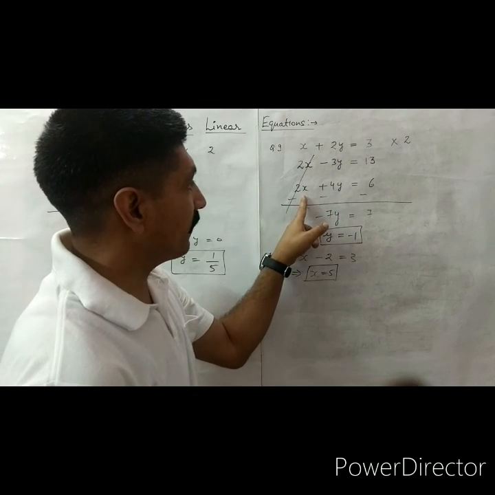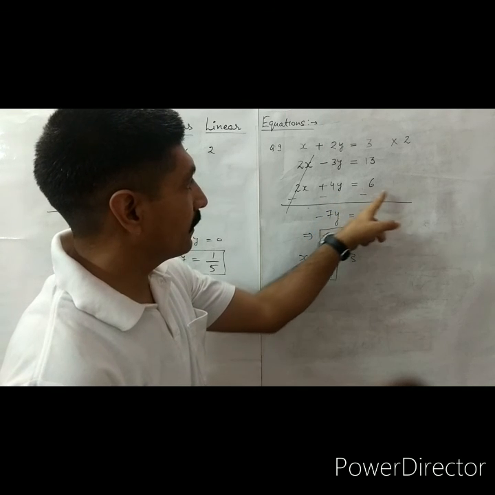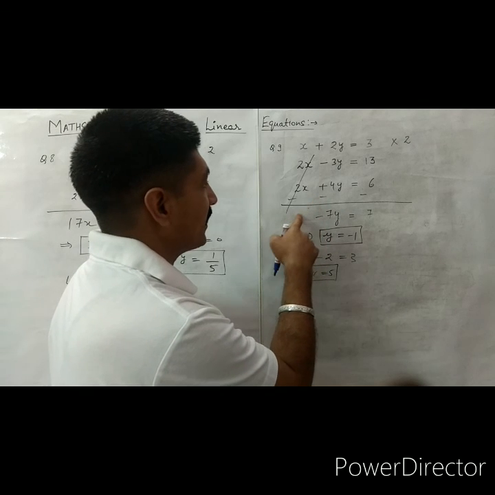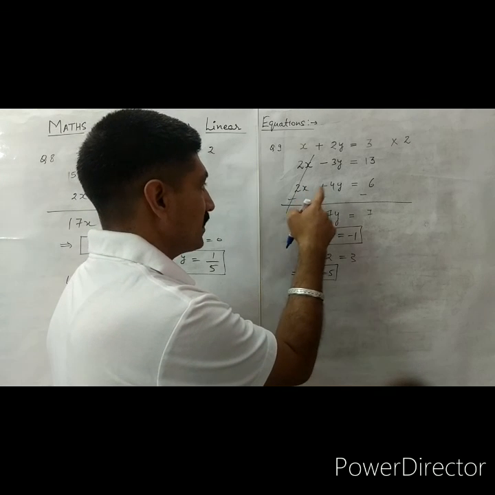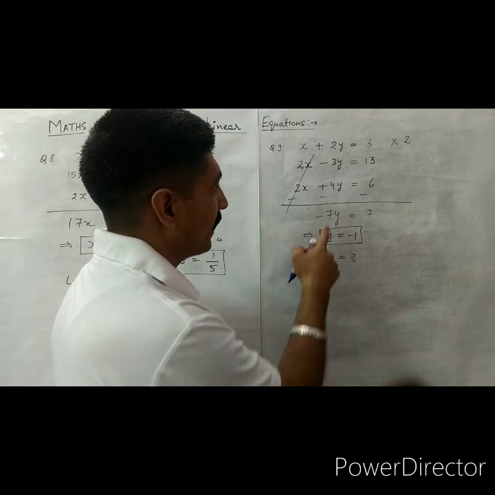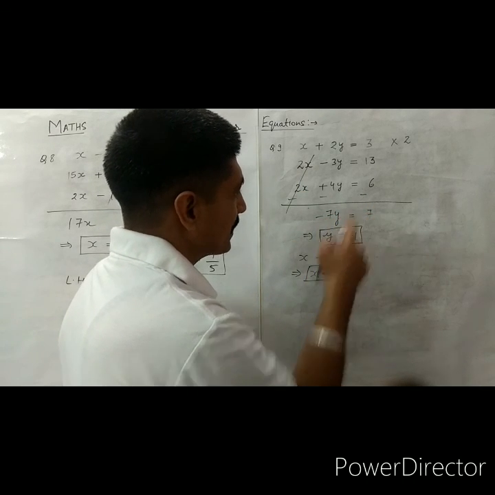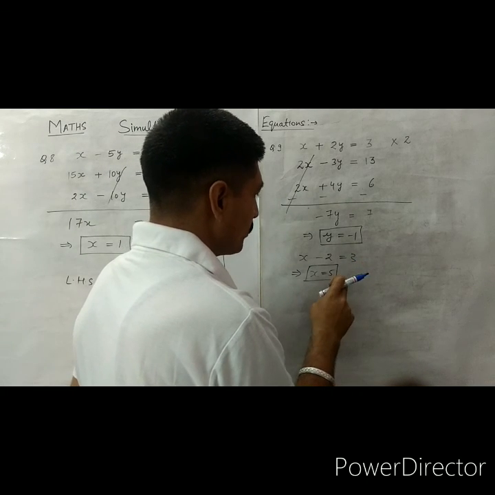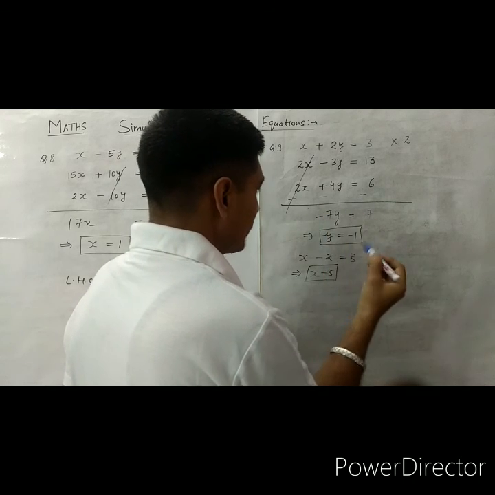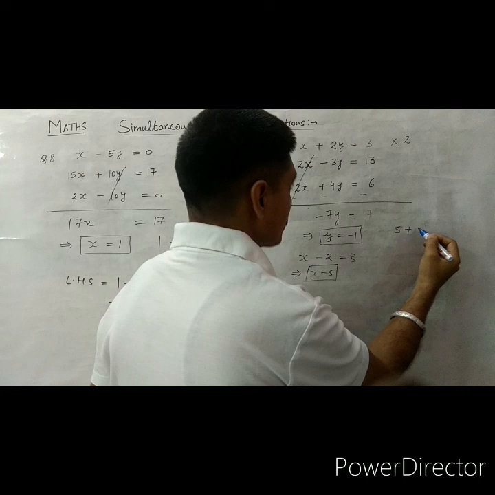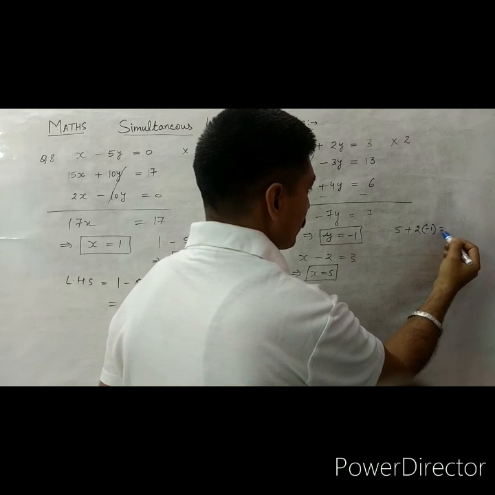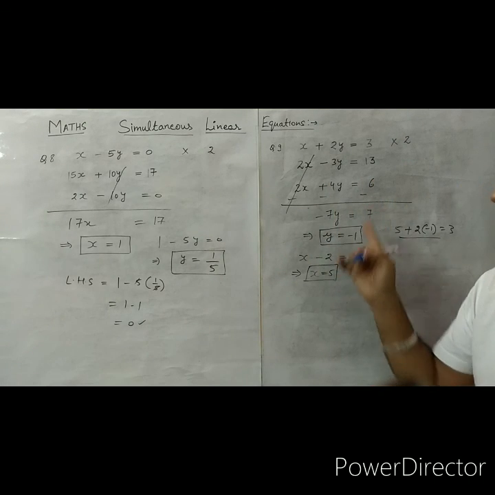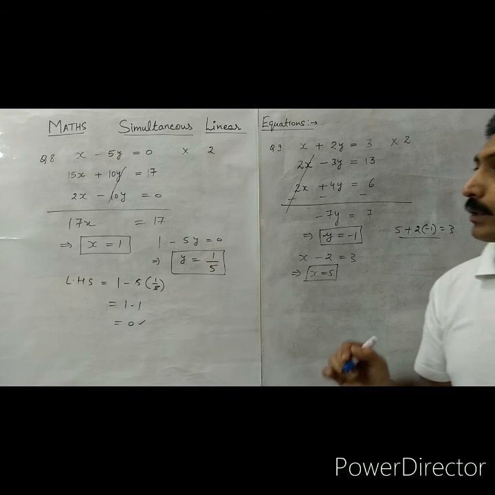We got twice of x plus 4y is equal to 6, and then subtracting this equation from the second, we got minus of 7y is equal to 7. So let's check the solutions by substituting the values: x is equal to 5 plus 2 into minus 1 is equal to 3. So both the left hand side and right hand side are equal.